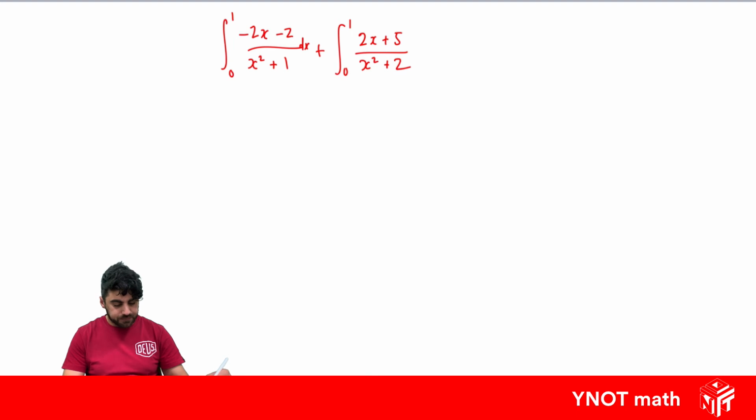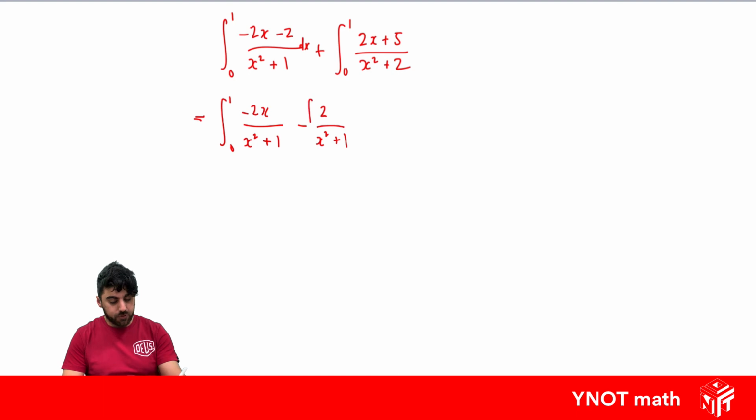Now, here it looks like we still have a bit of a mess, but we're going to break these up even further. So what we're going to do is say the integral from 0 to 1 of minus 2x over x squared plus 1 minus 2 over x squared plus 1.